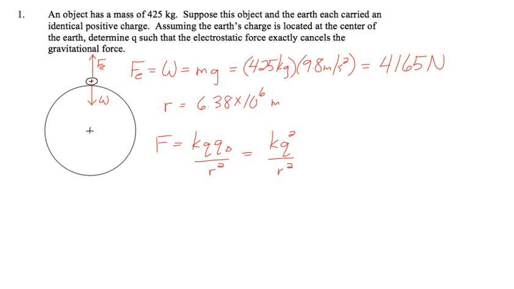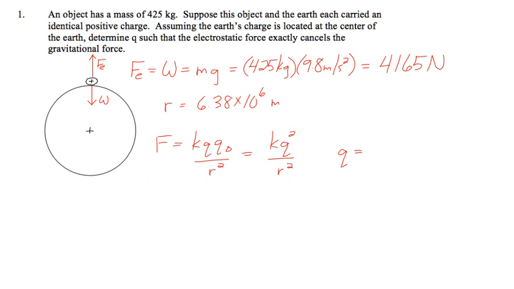If I rearrange this equation to solve for Q, I'm going to bring the R squared up here, and I'm going to bring the K down there, and then take the square root.